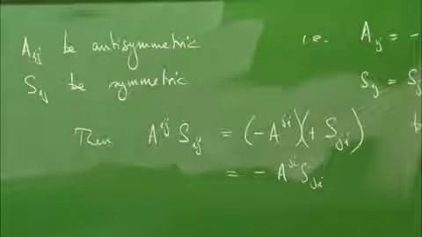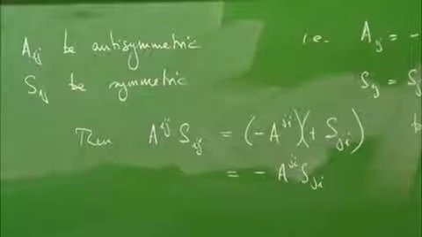And this then gives me minus Aji Sji. But in a summation, the index serves simply as a placeholder.